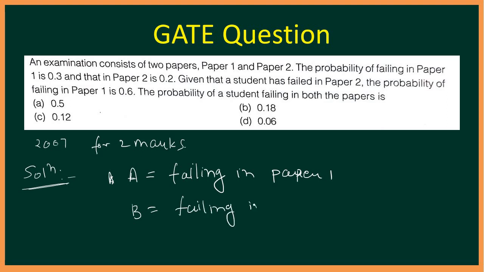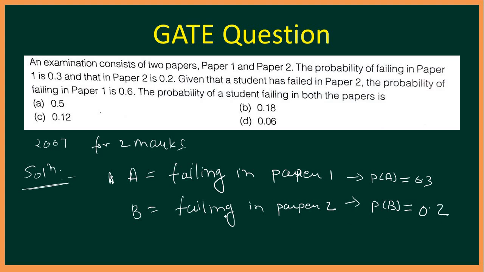Probability of failing in paper 1 means probability of A is 0.3, and probability of B is 0.2.